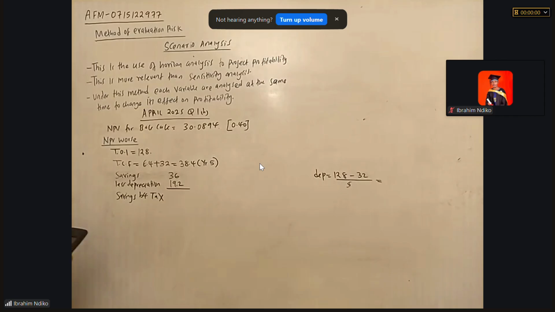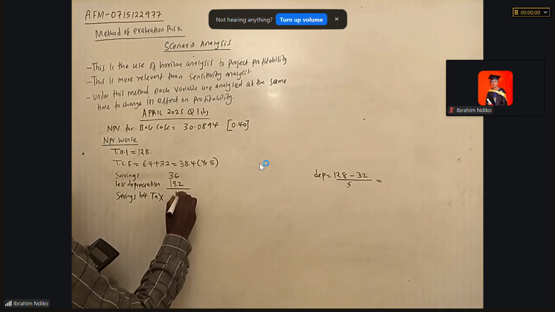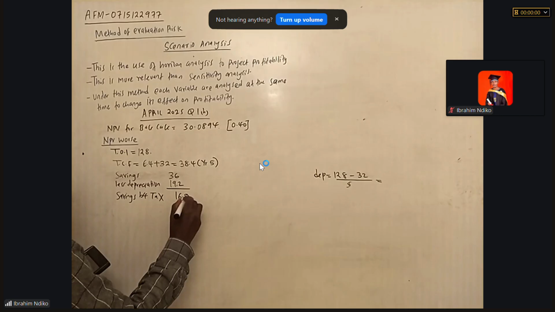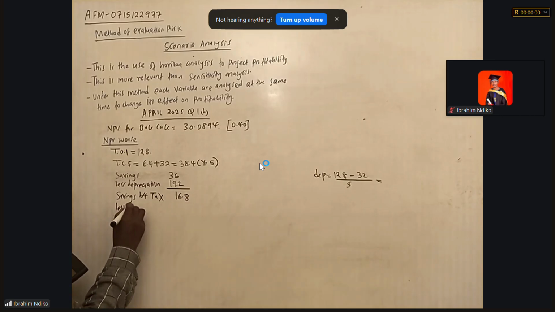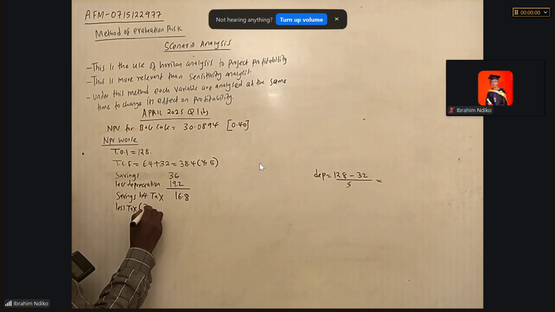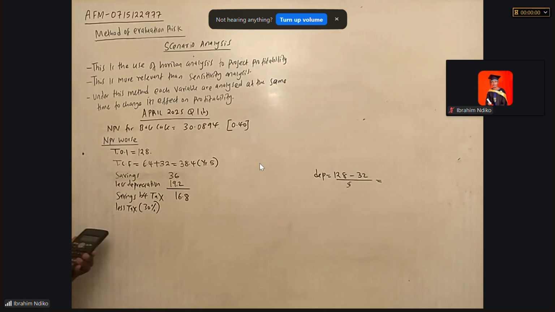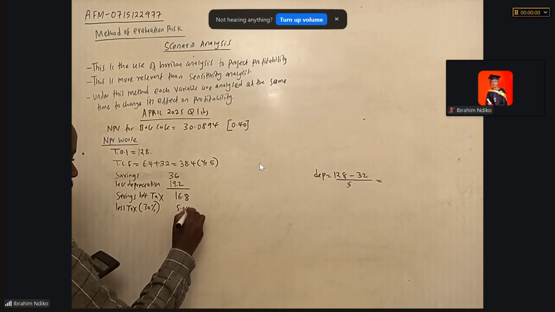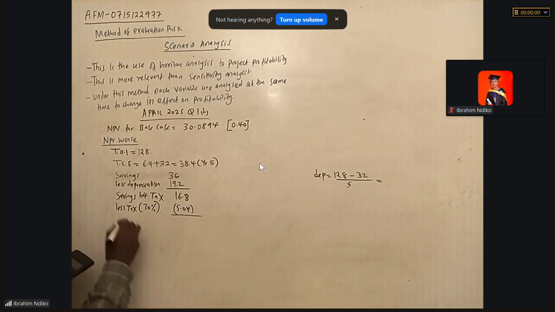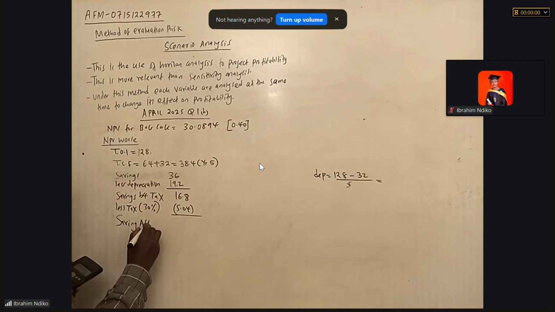So tutakuwa 7 before tax. Then we less tax, which is 30% of that amount. Tupate savings after tax.